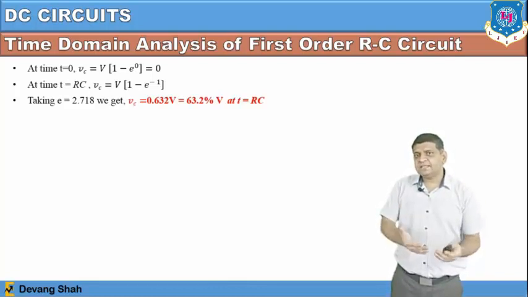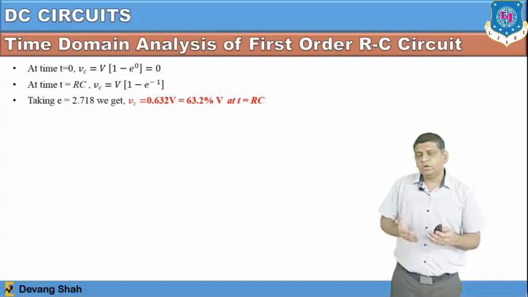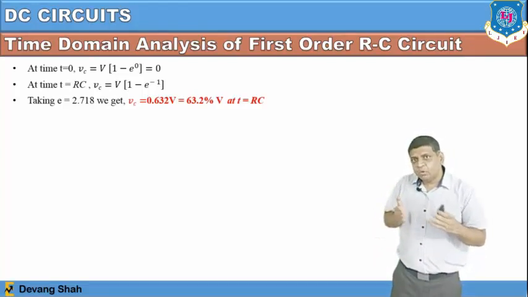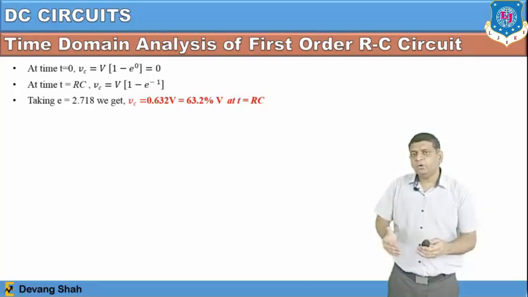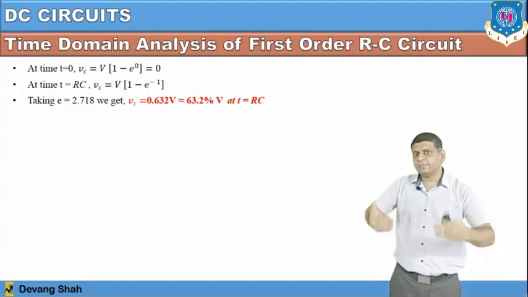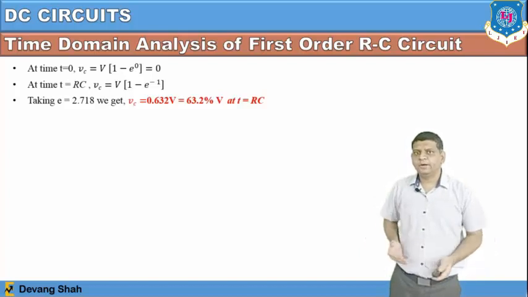When switch S is connected to position 1, that is represented by t, right? So what does it mean? If I connect switch S to position number 1 for a time equal to the multiplication of the values of R and C at that particular moment, the charging across the capacitor is 63.2% of the total applied voltage, right?